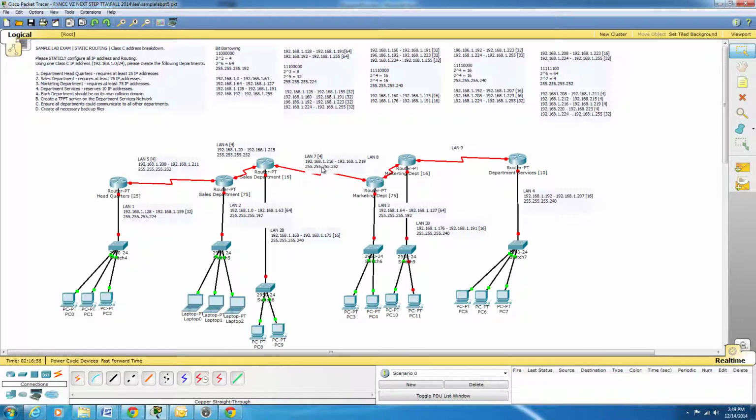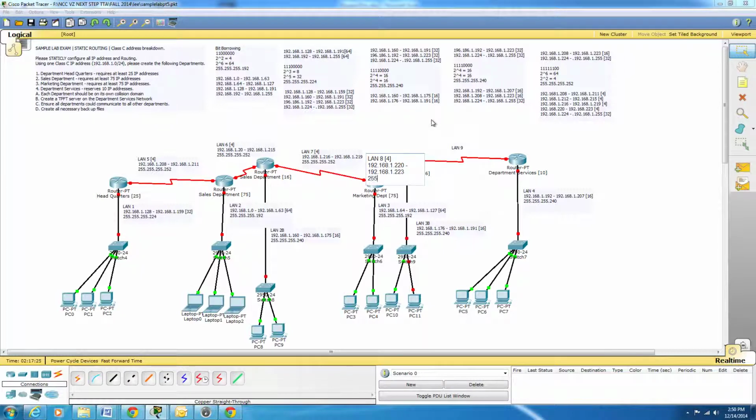Okay, that would make up LAN 7, and LAN 8 requires another 4 IP addresses, and it so happens that we have a final block of 4 IP addresses, which is 192.168.1.220, and that goes to 192.168.1.223.